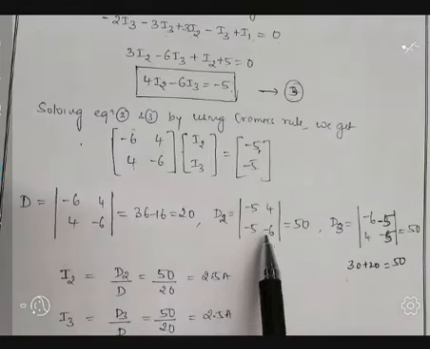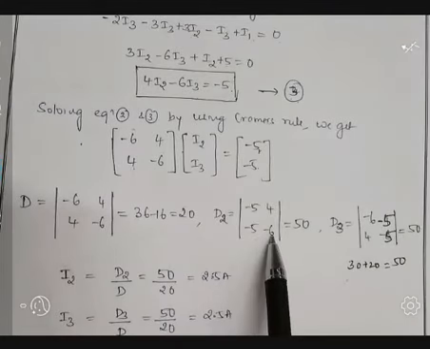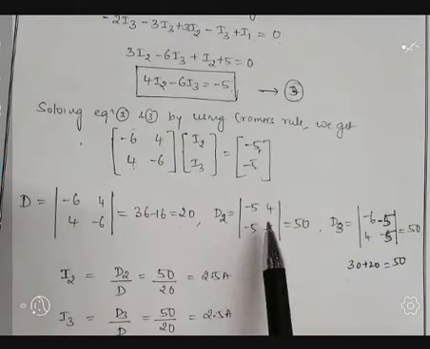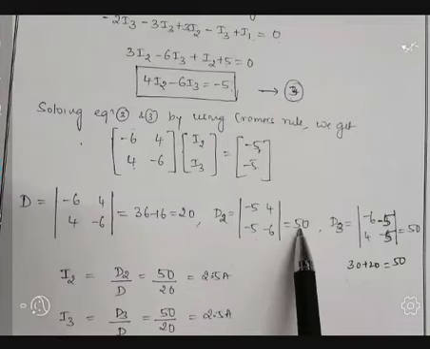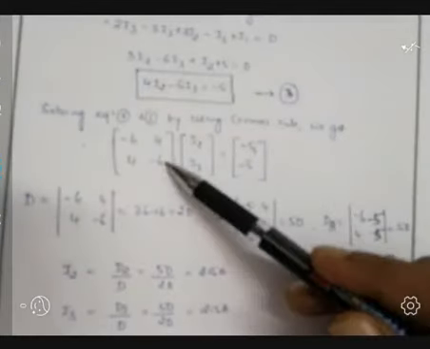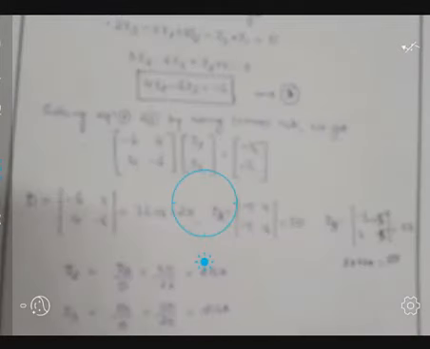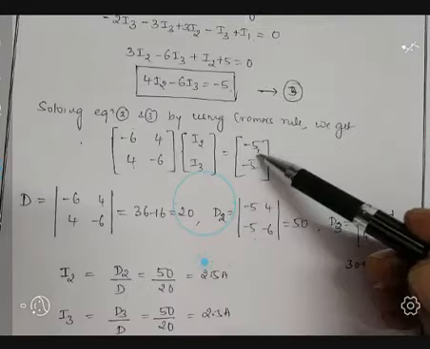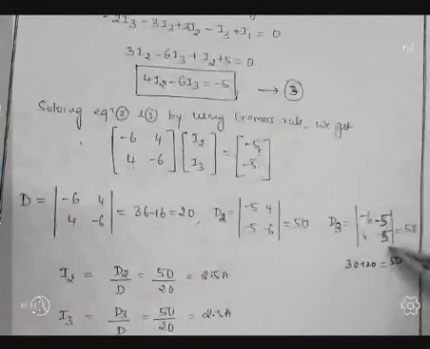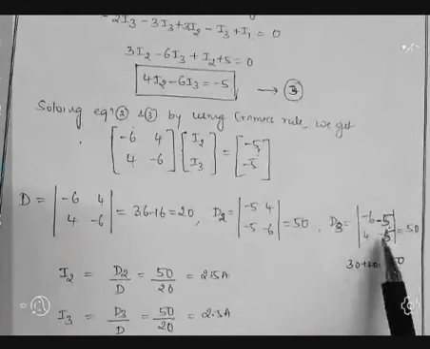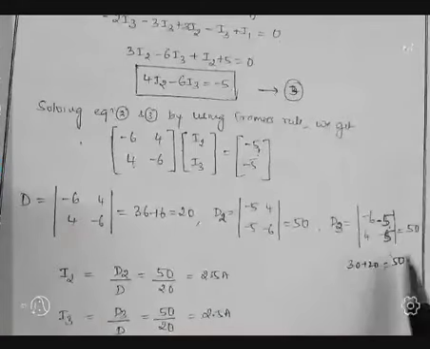Minus into minus plus 5 into 6 is 30, minus of minus plus 4 into 5 is 20. So 30 plus 20 is 50. Next, calculation of D3. The first column is as it is, and the second column is replaced by the constant elements minus 5 and minus 5. Minus into minus plus 6 into 5 is 30, minus of minus plus 5 into 4 is 20. 30 plus 20 is 50. D2 is 50, D3 is also 50.